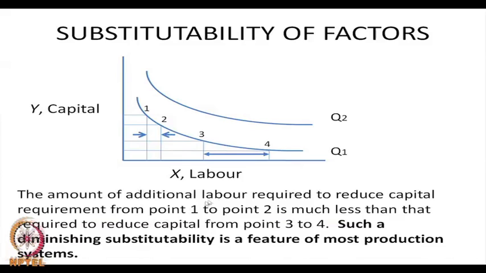The amount of additional labor required to reduce capital from point 1 to 2 is much less than that required to reduce capital from point 3 to 4. Such diminishing substitutability is a feature of most production systems.